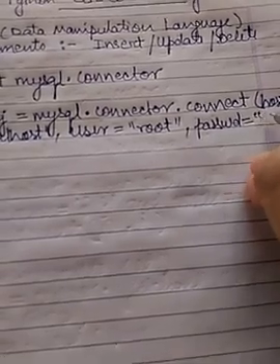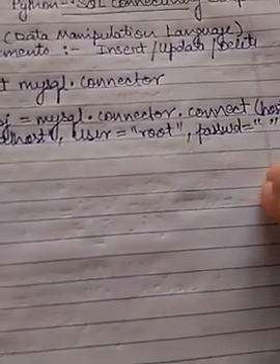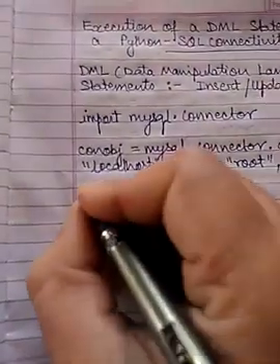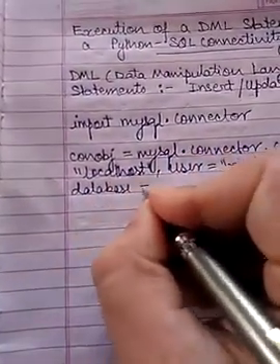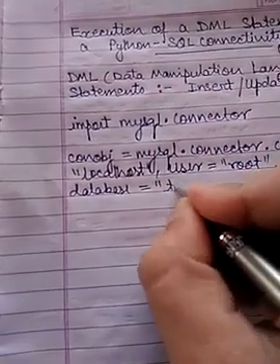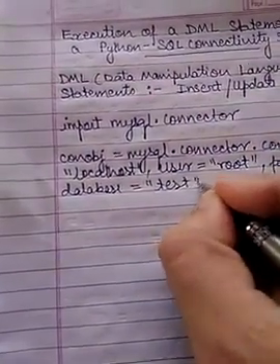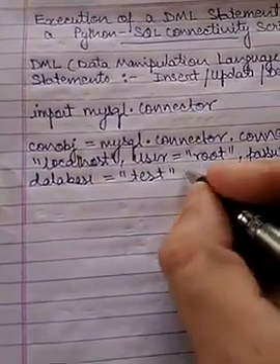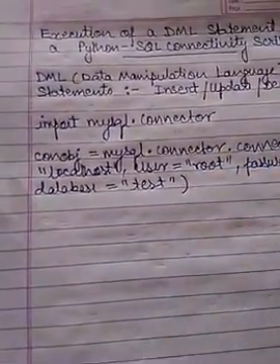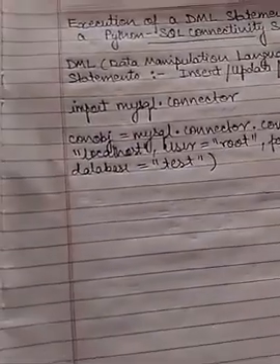Password, we are keeping it blank. Database, we are using the database test. This is the database which is predefined in MySQL. You can create your own database, it is another matter.